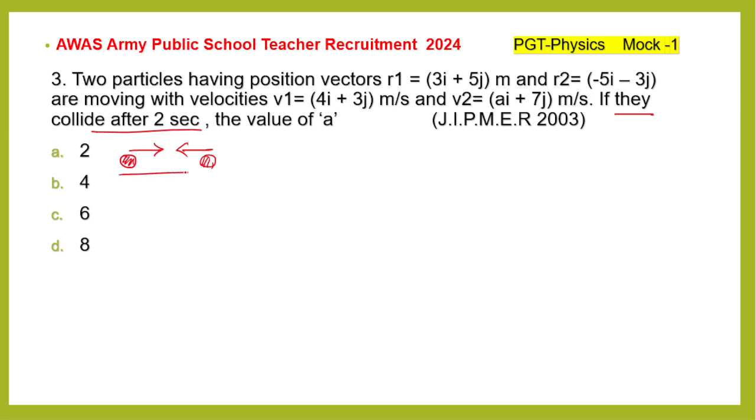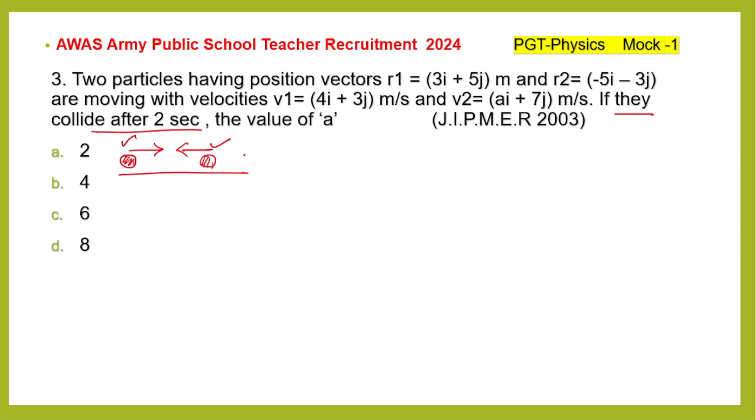So that means within t seconds the first body and the second body cover equal distance. I repeat, these two bodies collide with each other, so the first body and the second body cover equal distance within t seconds. So this is the required condition.